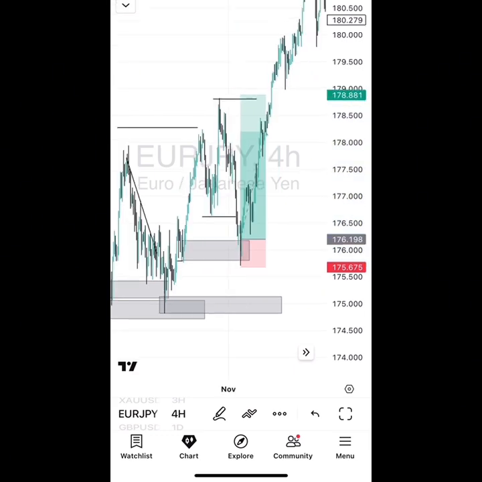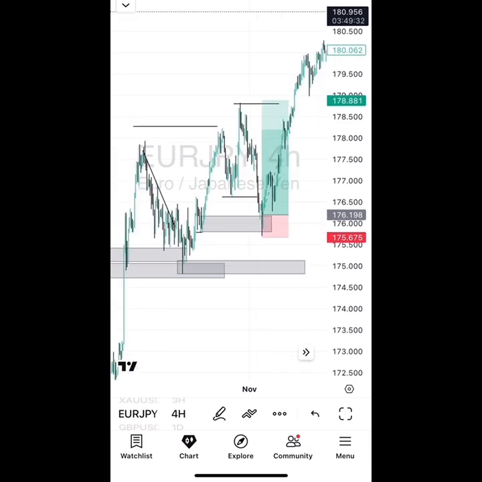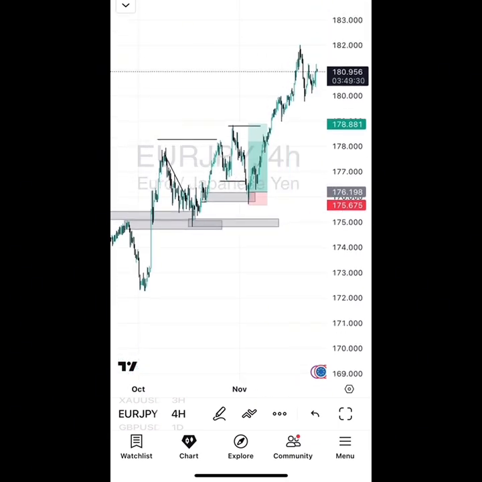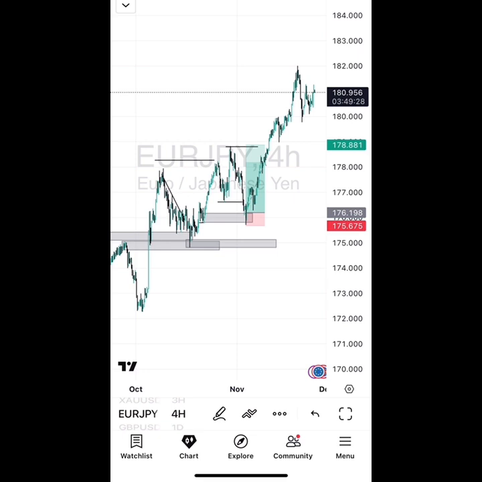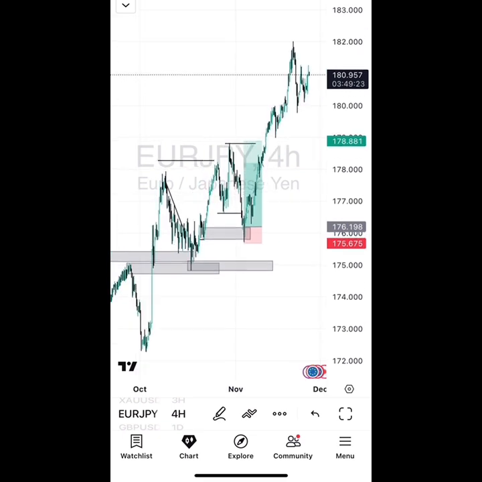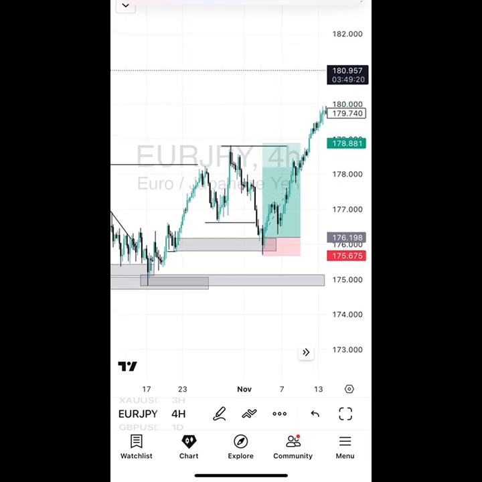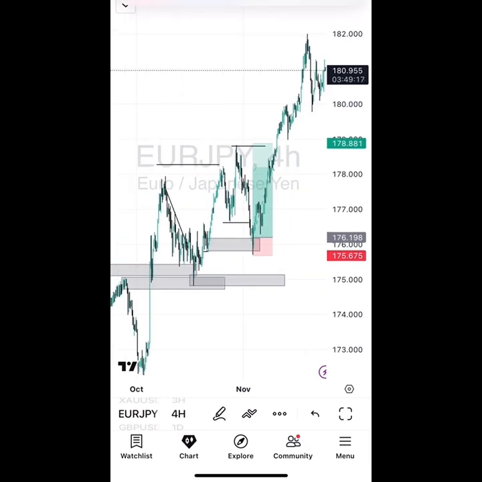Yes, it was a 5RR trade like this, and I entered, but unfortunately for me, Exness gave me a stop loss, so I couldn't make money out of it. I actually lost the trade, but on my TradingView, it got to the take profit level. But on my broker, which was Exness, I got stopped out. You understand?